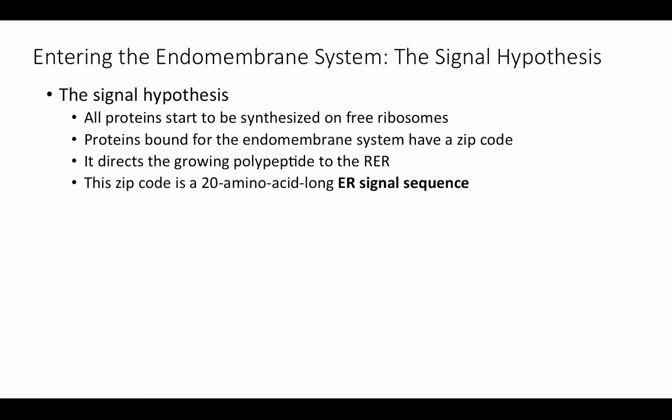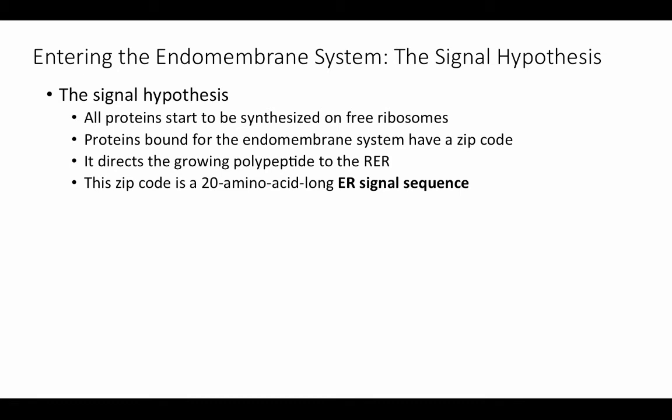That ribosome will attach, and those ribosomes attaching to the endoplasmic reticulum is what makes it the rough endoplasmic reticulum. It's not fundamentally different in any other way from the smooth endoplasmic reticulum. So the zip code consists of a 20 amino acid sequence, and we call this the ER signal sequence.